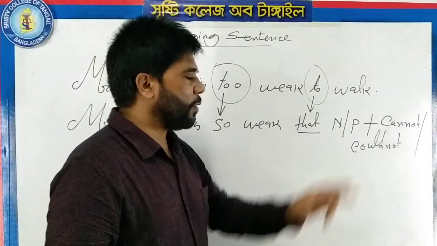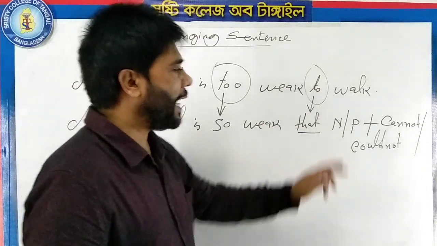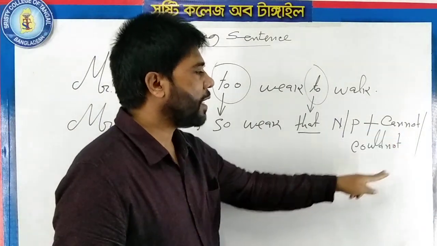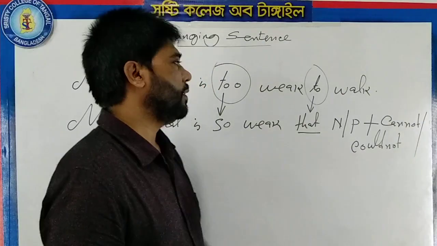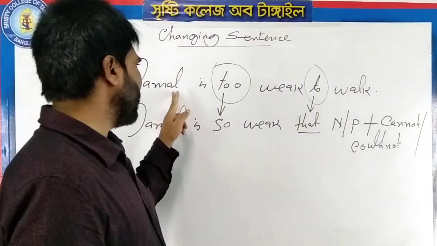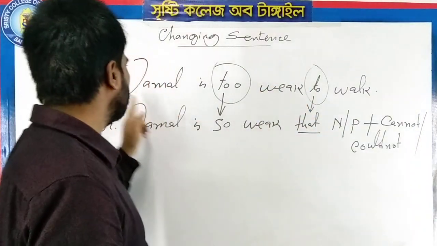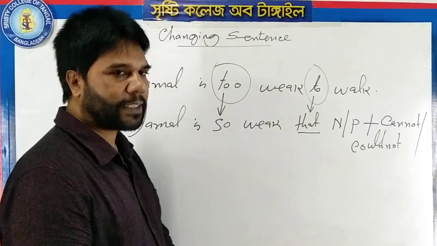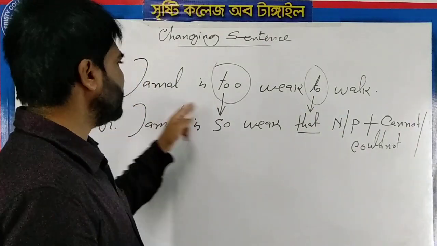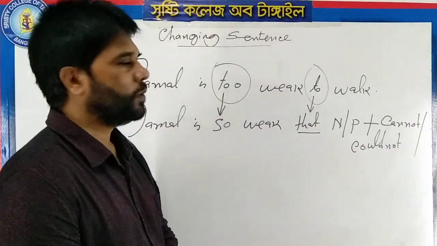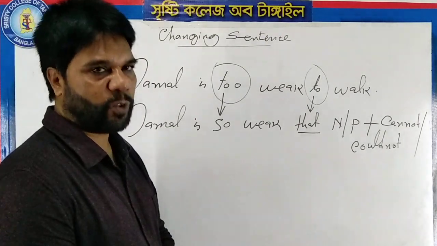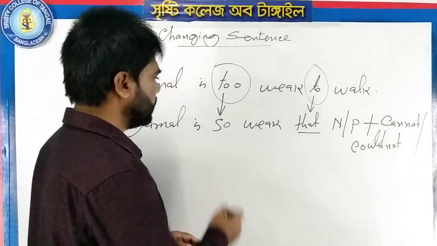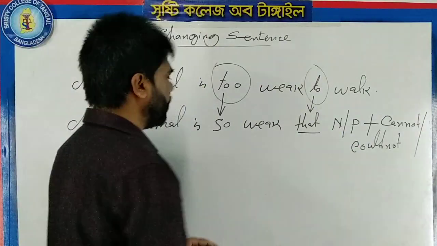We use cannot or could not because the simple sentence is in negative form. Mr. Jamal is too weak to work. Mr. Jamal is too weak to work, meaning he cannot work. This is the negative form, though it is in simple. So we can use so and that for making the sentence.